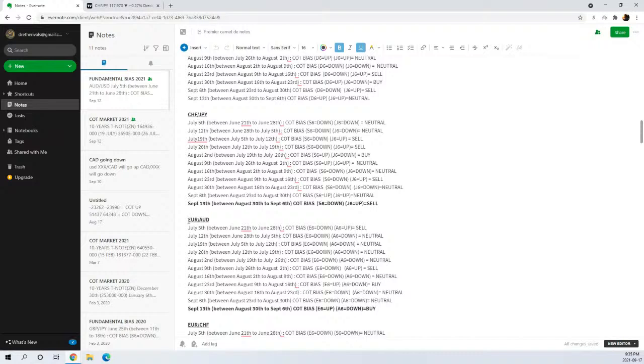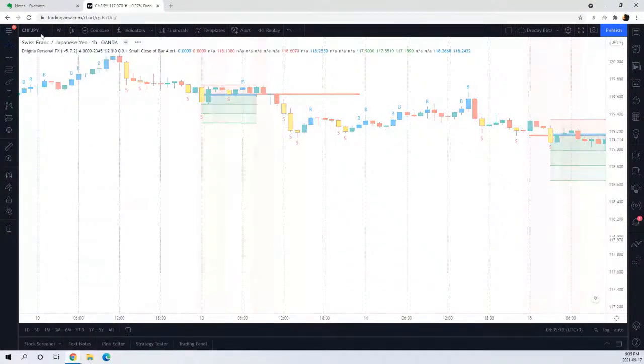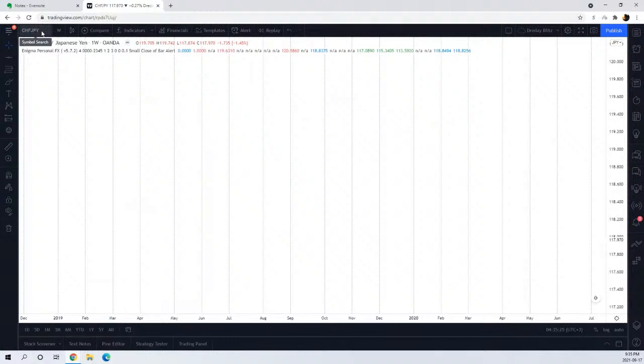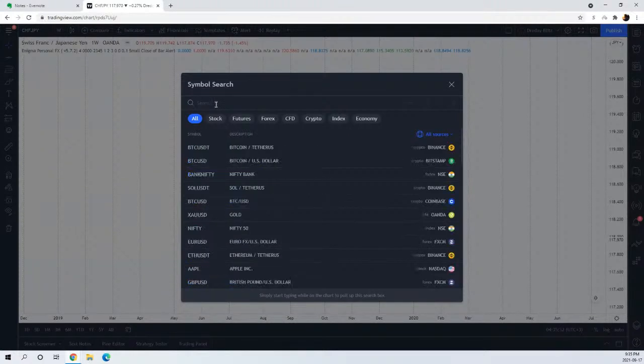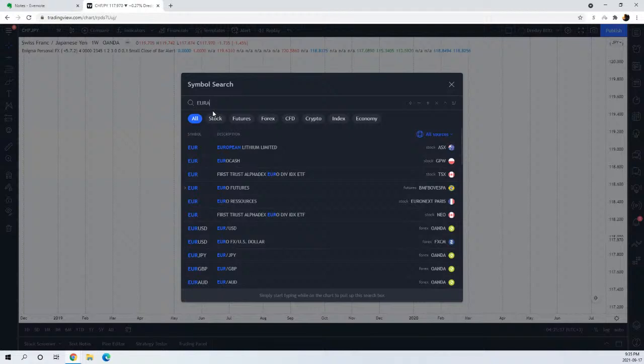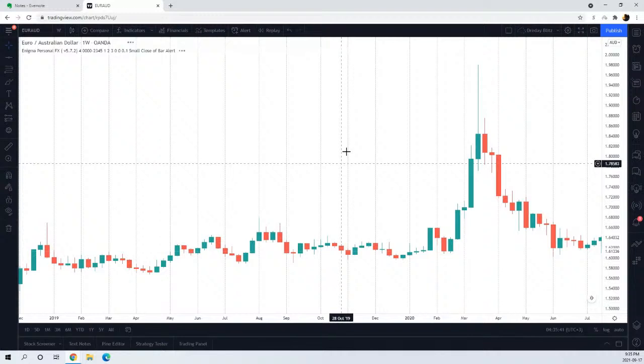Okay. So Euro AUD, we said on Monday that it was going to be an uptrend overall because we're looking to buy the currency. So Euro AUD. Let's go on Euro AUD. Looking to buy, right?